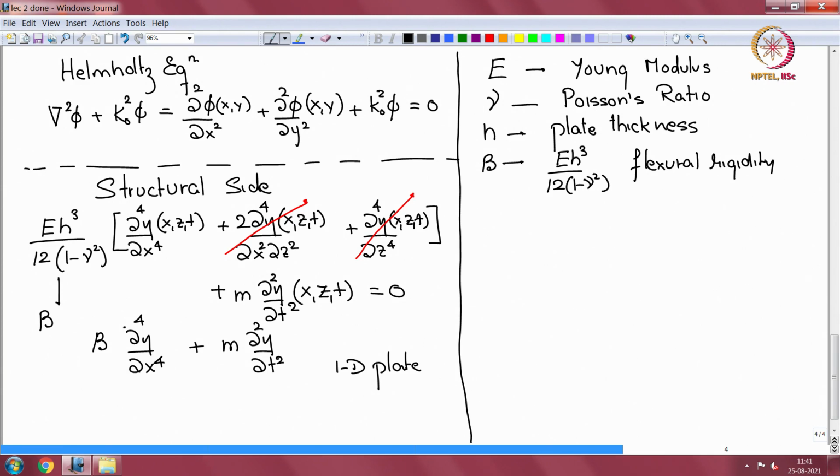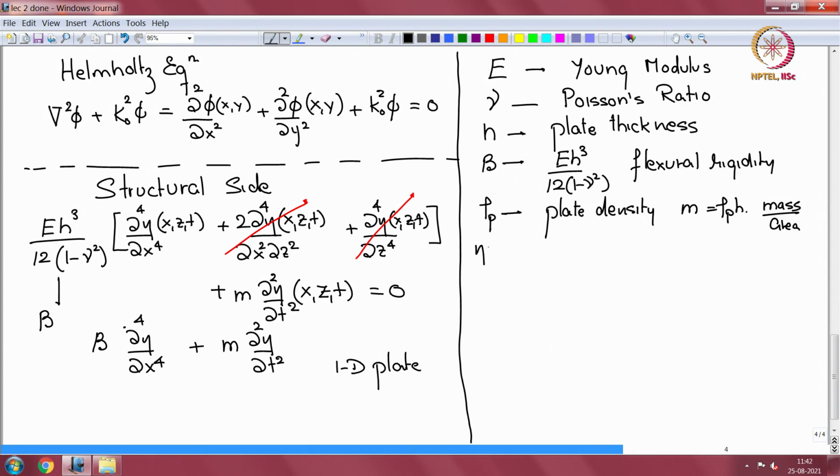Then rho p is the plate density. Then M is the mass per unit area given by rho p into h. Okay, mass per unit area.